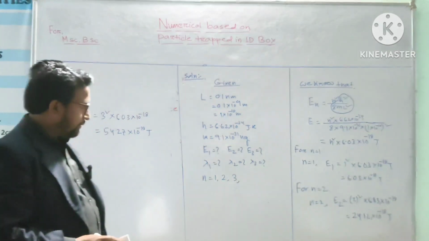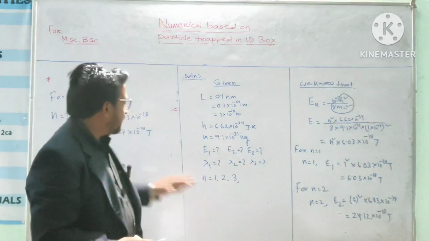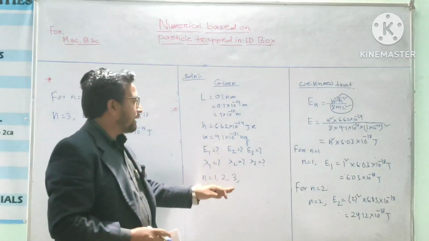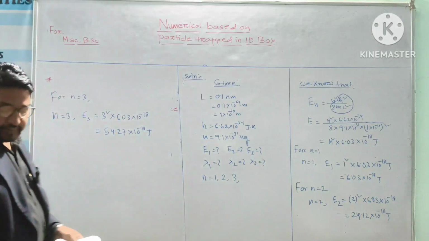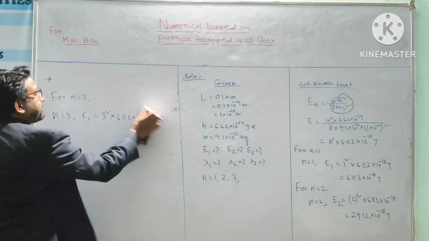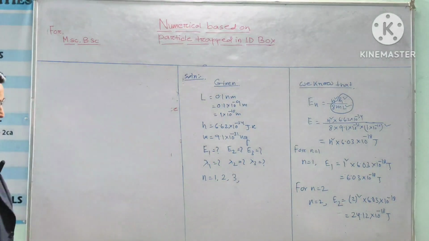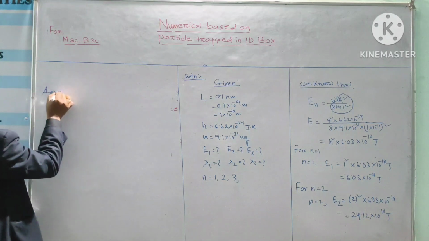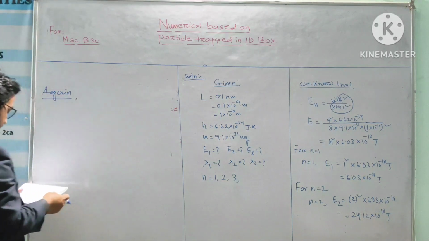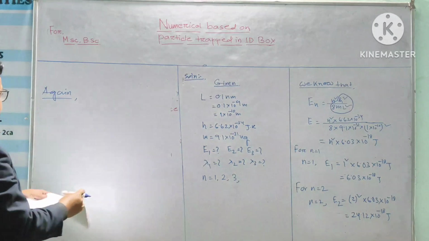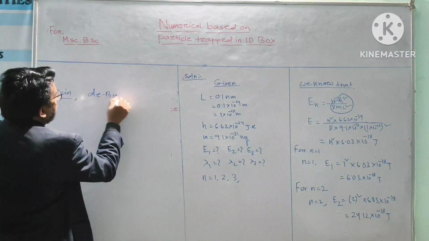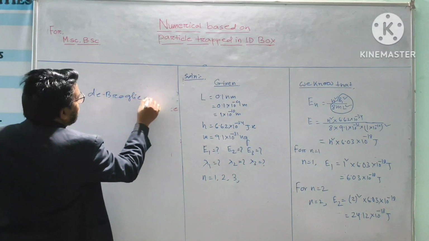So first of all, we are going to find E1, E2, and E3. Already we have calculated them. Now we are going to find lambda 1, lambda 2, and lambda 3. Again, the de Broglie wavelength.